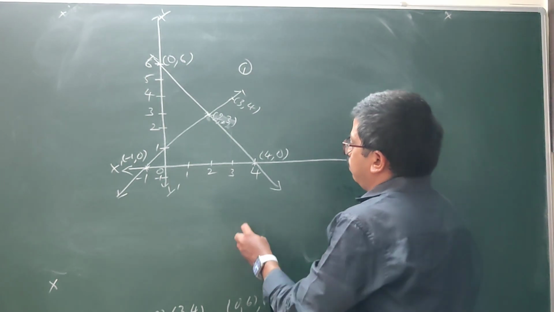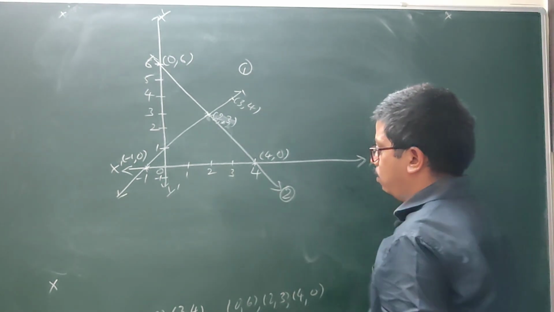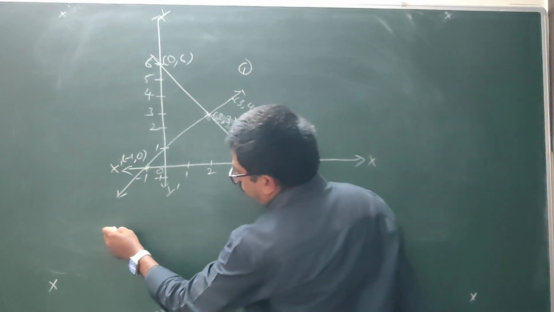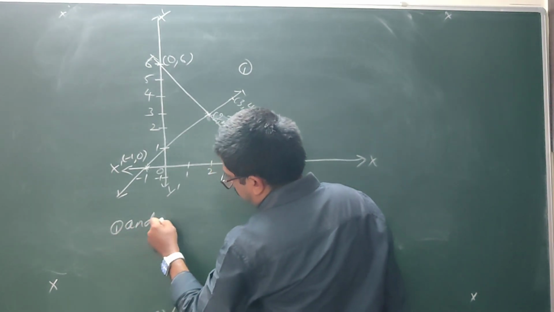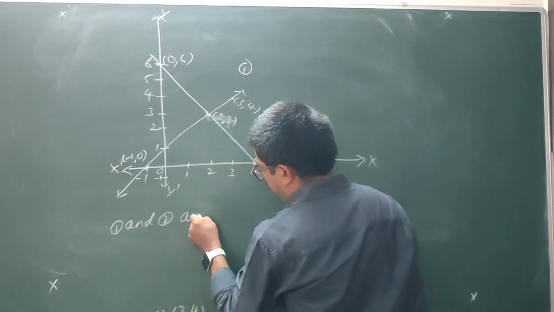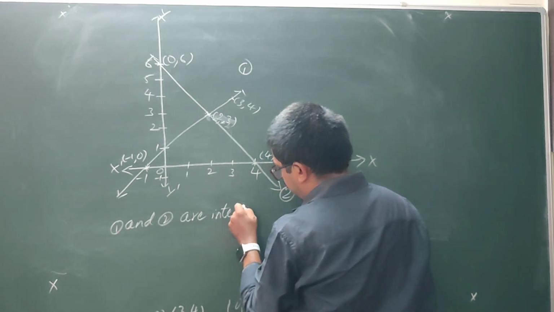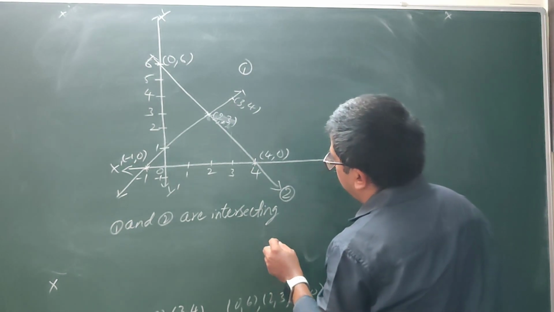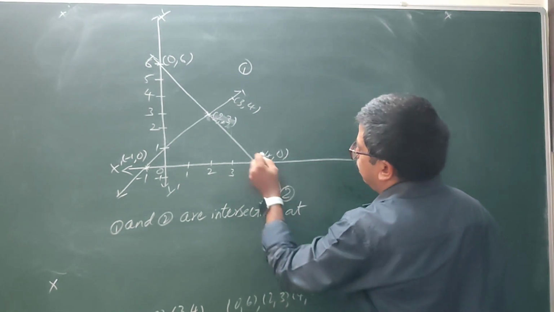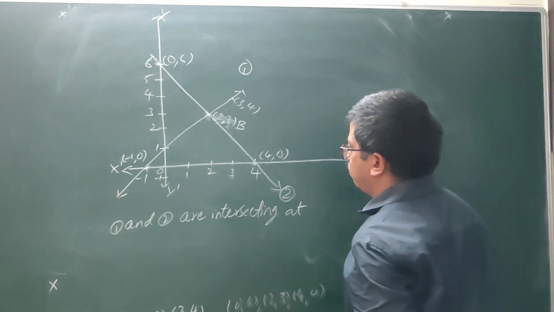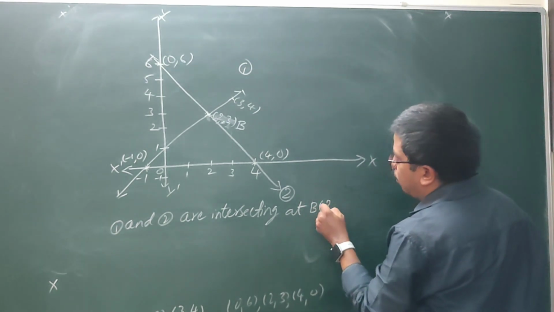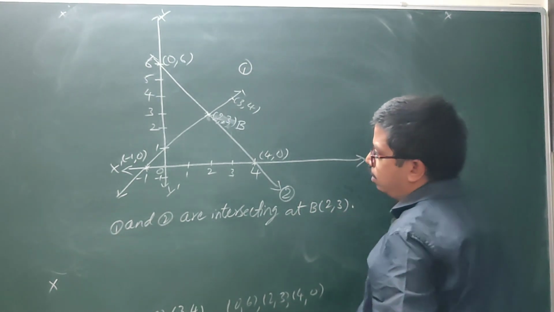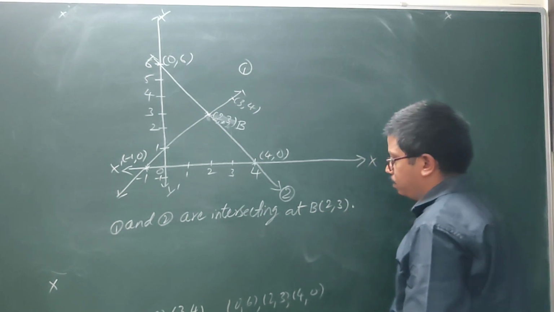So both lines 1 and 2 are intersecting at, let me give a name for this point B, B 2 comma 3.